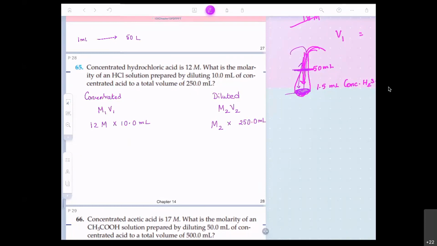So you should be able to read this correctly. On both sides, you're going to divide by 250 milliliters. If you put the numbers on the wrong side, you will not get the answer. So milliliters will get canceled, and your answer M2 will be in molarity. So go ahead and calculate that.